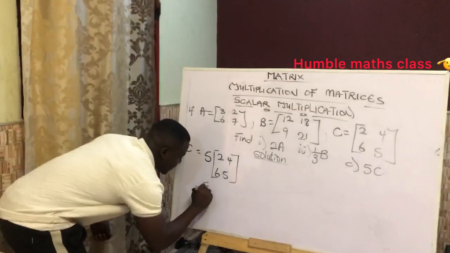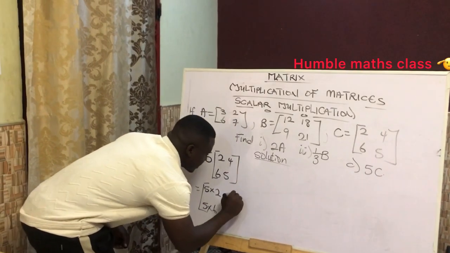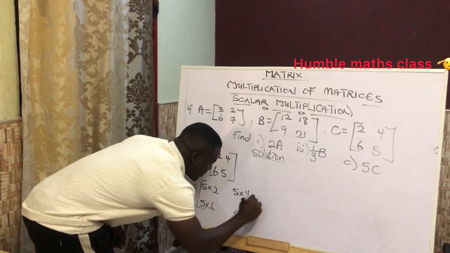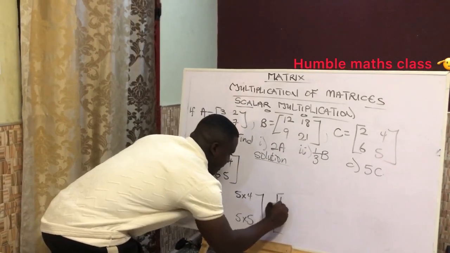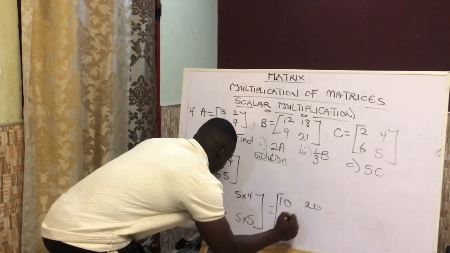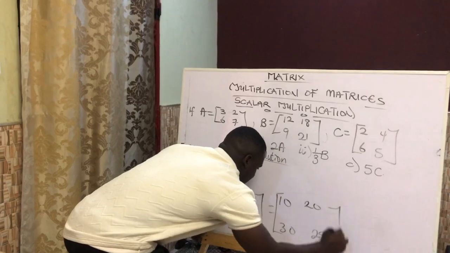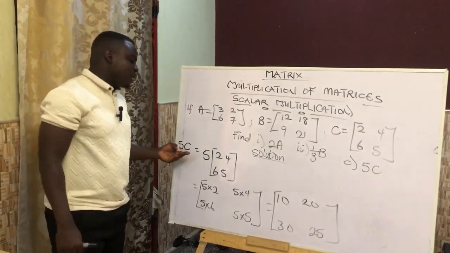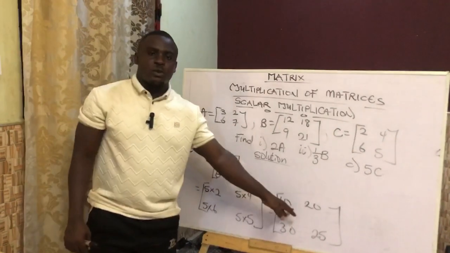So we have 5 multiplying 2, 5 multiplying 6, 5 multiplying 4, and 5 multiplying 5. So you are going to get 10, 20, 30, and 25. So when you multiply 5 by the matrix C, this will be your result.